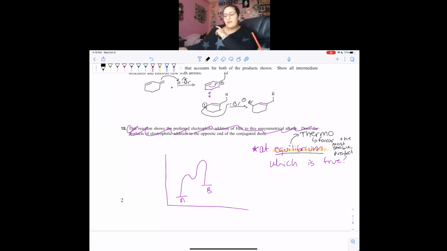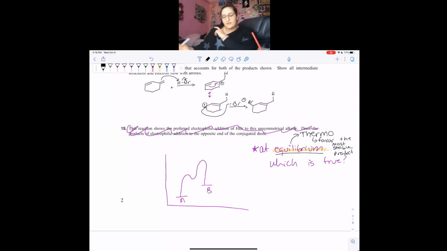So if he gives you this diagram and he says which of the following are true, it'll be something like B is favored, A is favored, the activation energy for A is higher than for B, phrases like that.